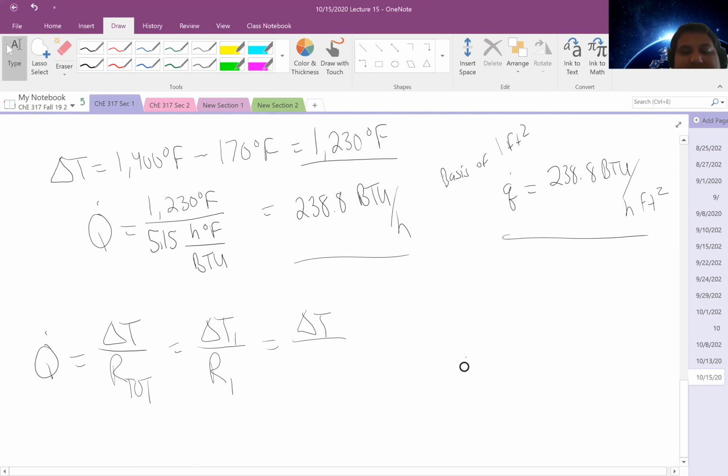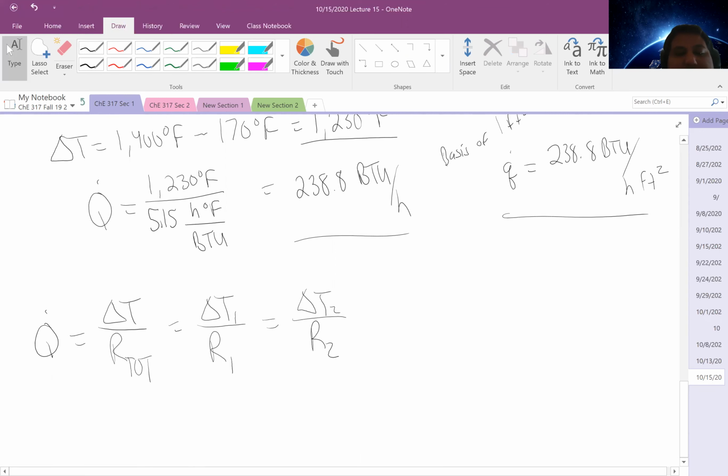And say, well, that heat transfer rate has to be the same between each layer. So we have to consider essentially finding delta T1 or delta T2. And with that in mind, we can find the temperature in the middle. So which value would you like to solve for? Delta T1 or delta T2?